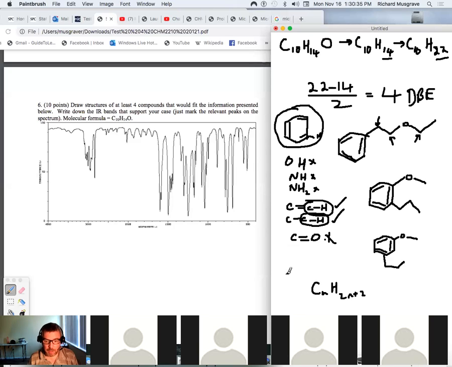Well, this would have 3 double bond equivalents, right? Right. 3. But the ring makes up for 1 double bond equivalent. Double bond equivalents don't have to be rings. They can be double bonds or rings.